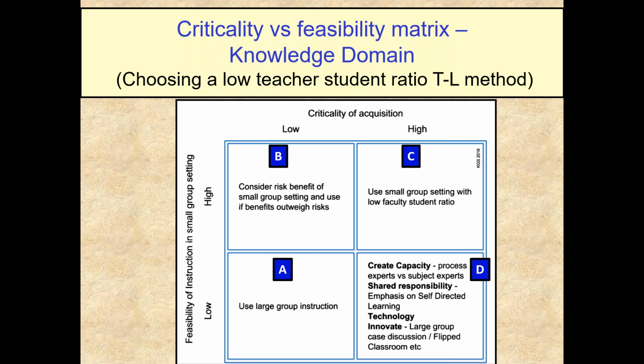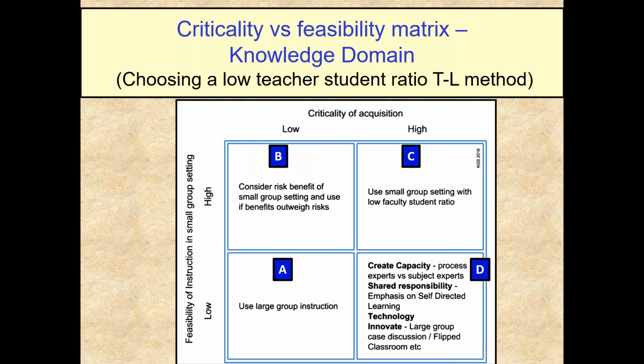Next, going to B, criticality is still low, non-core, but it is highly feasible for you. There are so many patients, so many methods, and the infrastructure and trained teachers, everything is there. You can do it easily. Then just consider the risks and benefits. If the benefits are more, go for a small group method to teach that. No harm in doing that.